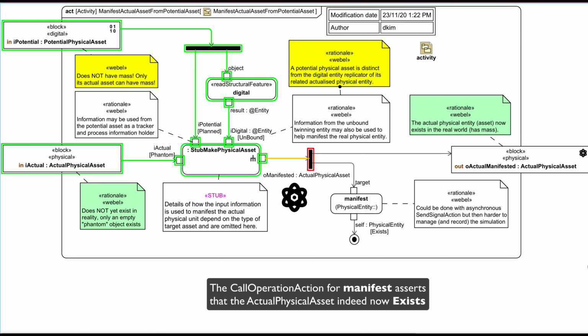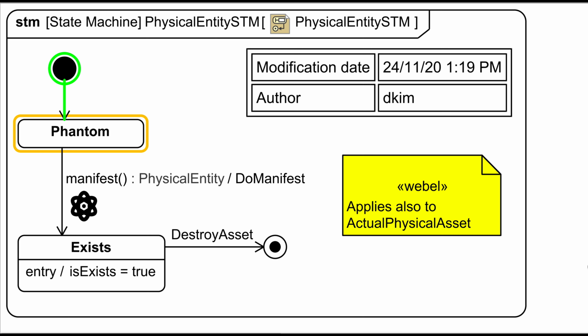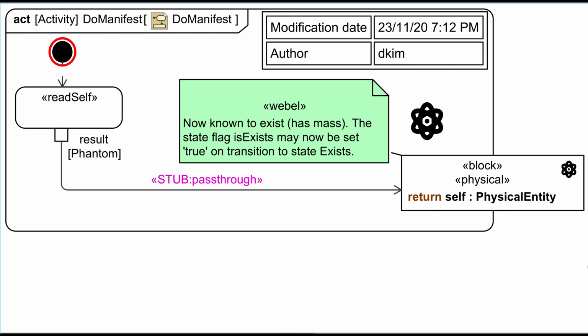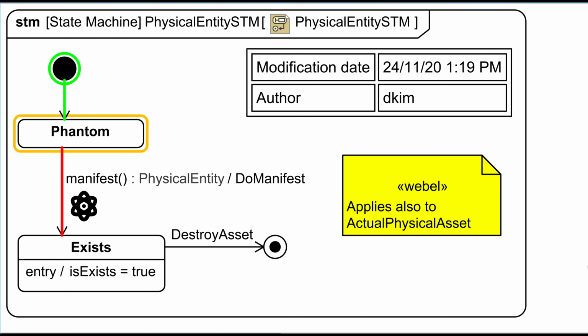The call operation for manifest asserts that the actual physical asset indeed now exists. Before the transition triggered by the manifest operation, it's in the state phantom. The doManifest effect behavior, in fact, is just a pass-through. And then it transitions to the state exists.